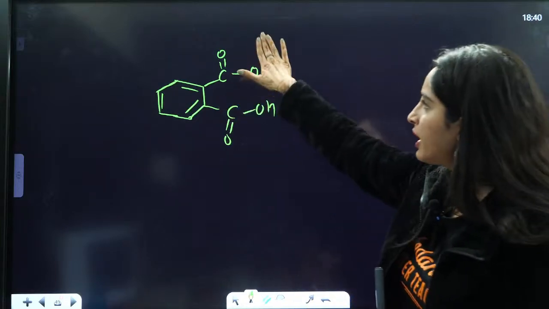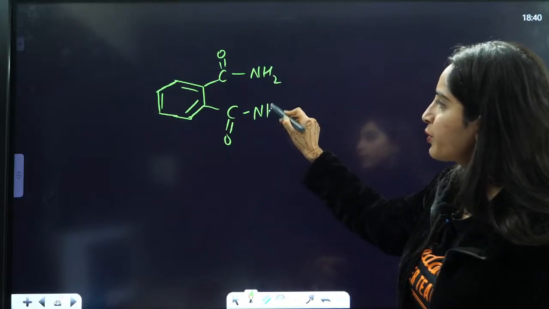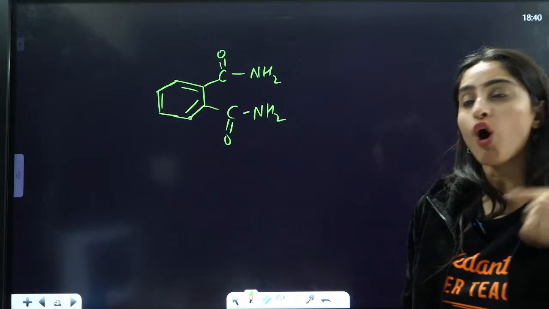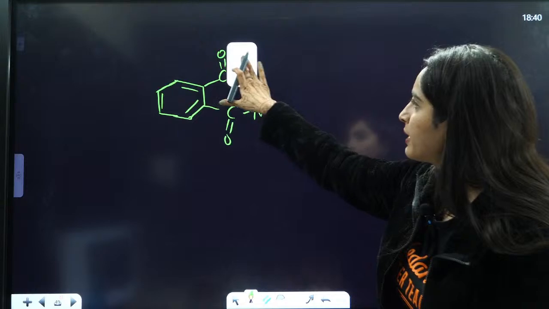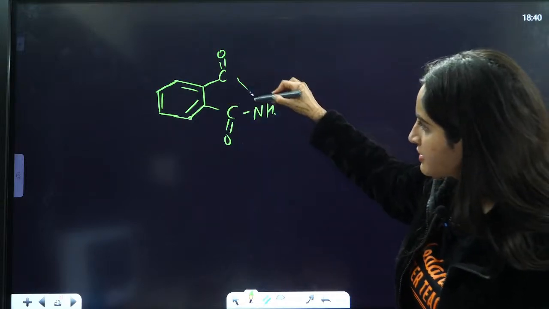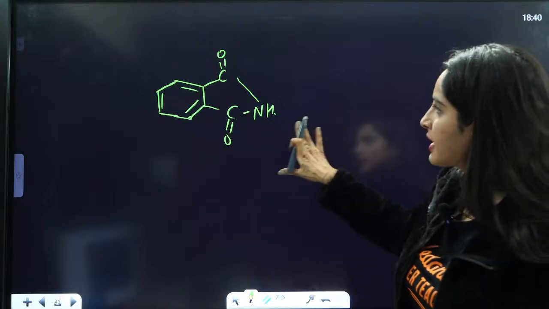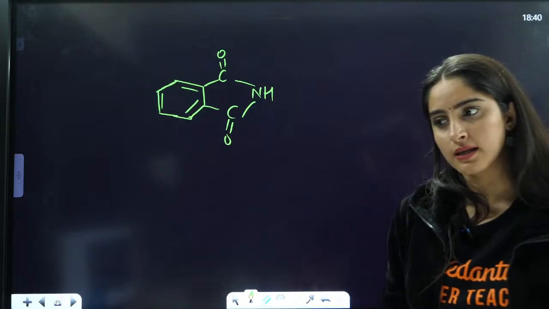When you add ammonia, OH is converted to NH2. That is the two amide groups you have. Now, after strong heating, you will have release of ammonia. NH2 will be eliminated from this side, H will be eliminated from this one, and hence this thing will be formed. I have written it like this. In books you will see it like this, right?